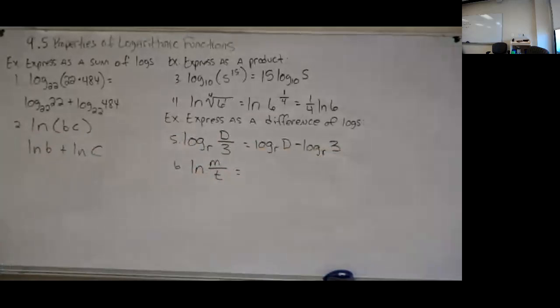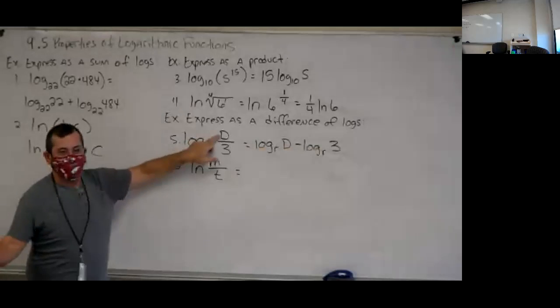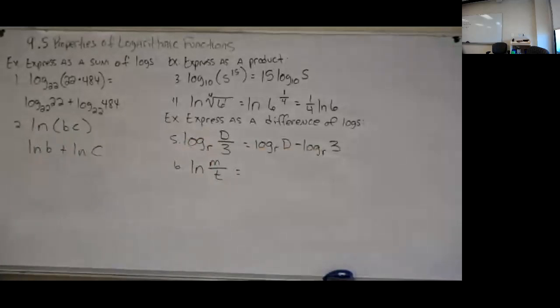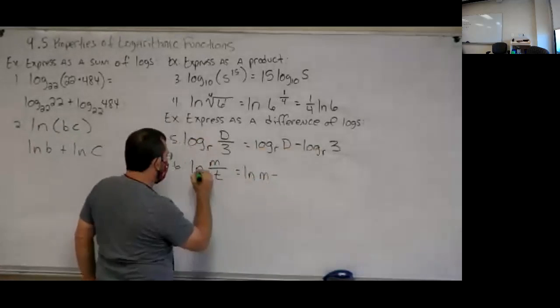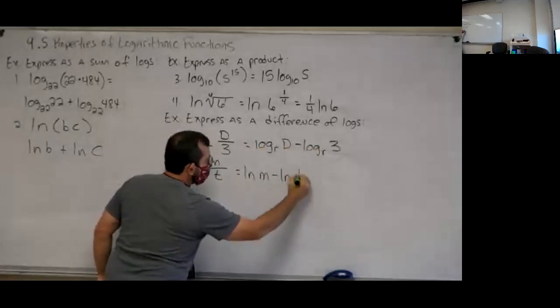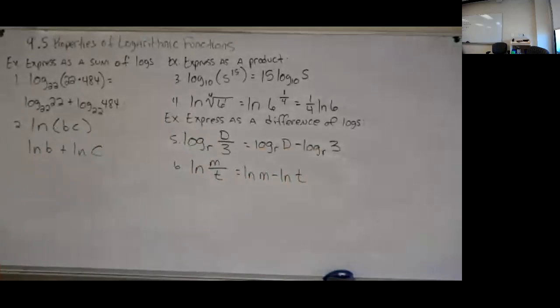So if they give you a capital, you've got to make it capital, okay? So both of these were actually lowercase, but this one had a capital D on it, okay? So got to watch some of them examples. But the same thing, right? ln of m minus ln of t.